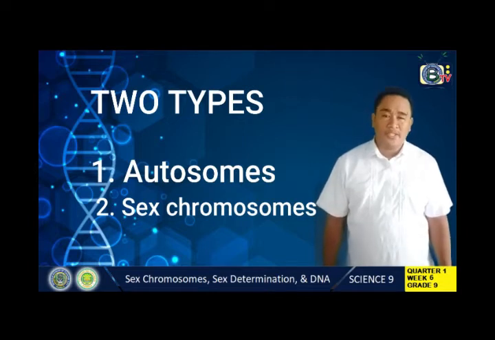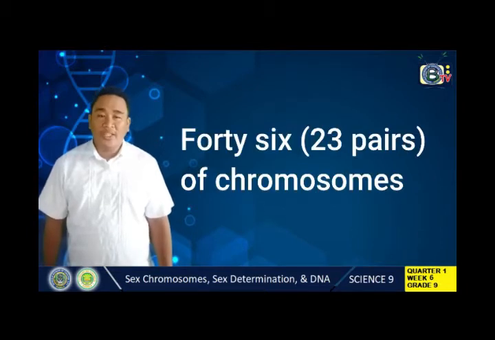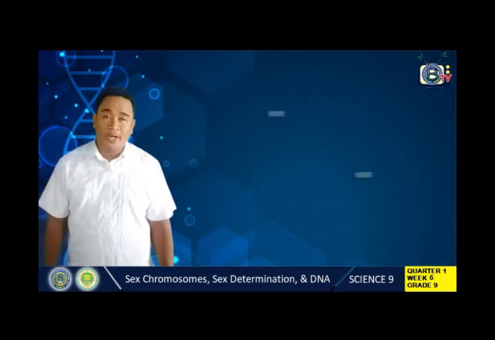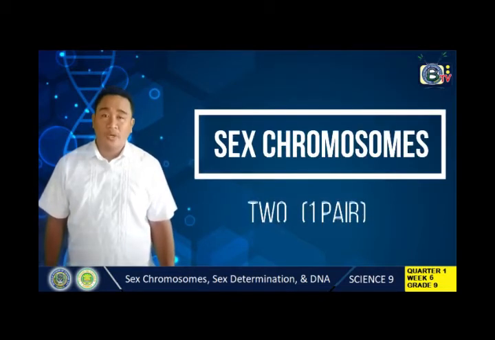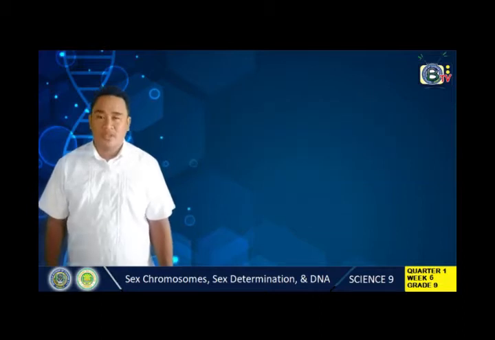In a normal person, there are 46 chromosomes, or 23 pairs. The 44, or 22 pairs, are the autosomes, and the 2, or 1 pair, are the sex chromosomes.